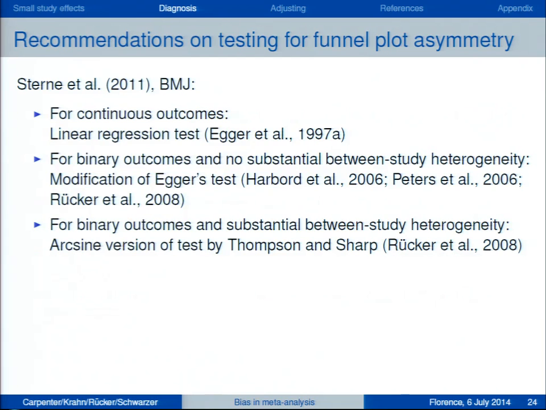For continuous outcomes, the Egger test is recommended, but for binary outcomes, and if the heterogeneity is not too substantial, these modifications are recommended. And if there is heterogeneity, one of these arc-sine tests, there are 3 proposals in detail, is recommended, at least in this paper.